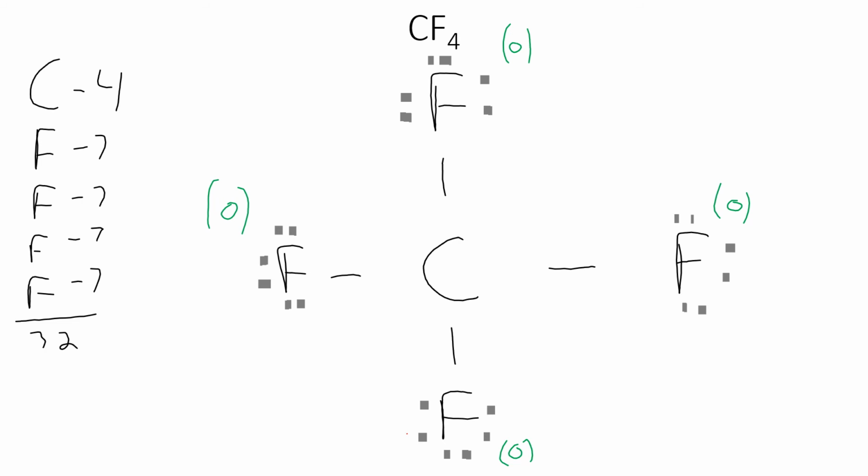Carbon doesn't have any lone pairs, but whenever we had a bond, there were 2 electrons in each bond. One of those electrons belongs officially to the carbon, the other to the fluorine.